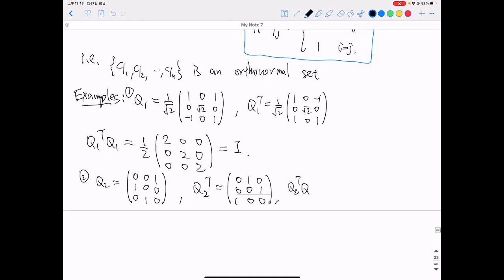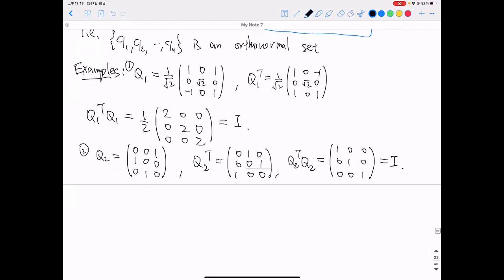Q2 transpose Q2 is then, I'll still have to do it, 1, 0, 0, 0, 1, 0, and 0, 0, 1, which is the identity matrix. Okay, and Q2 is an example of what we call a permutation matrix.